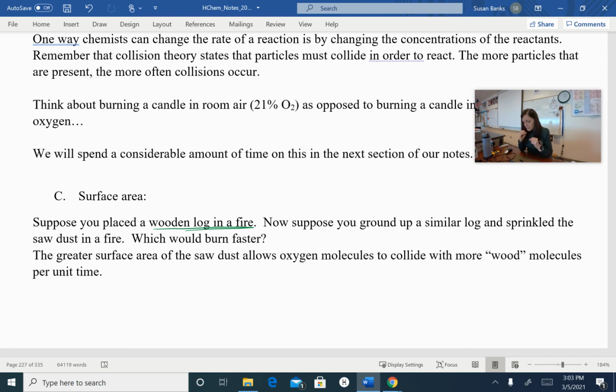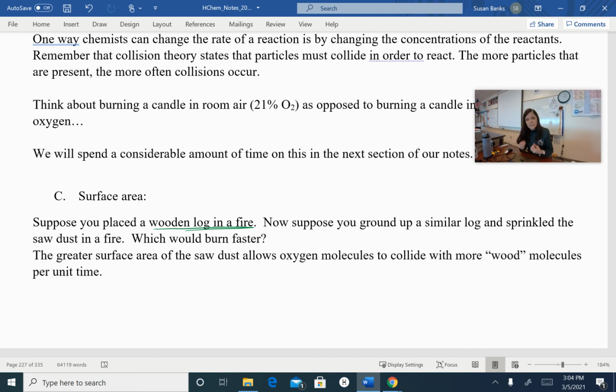Now suppose I took a log and I ground it up. I put it through a mulcher machine and I had a whole bunch of sawdust. What would happen to the rate of that fire? Now the oxygen can actually hit every little surface of all that wood all at the same time, right? Because it's sawdust. Which would burn faster?